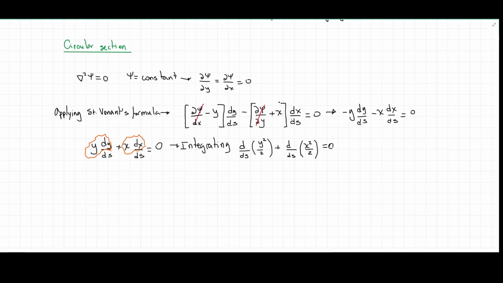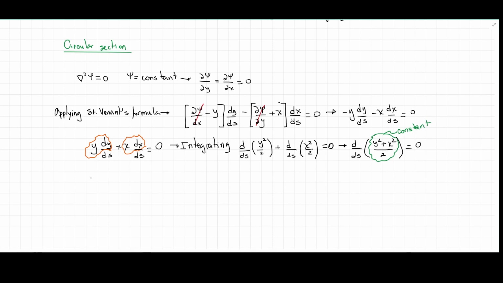I can collect terms also, meaning that the derivative with respect to s of this is going to be y squared plus x squared divided by 2, and this is equal to 0. So for this derivative to be equal to 0, it means that this term here has to be constant. Let me write it out here.